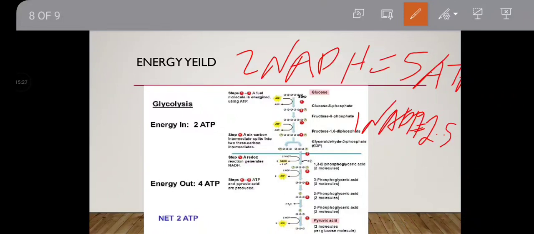So if there are 2, then we get 5. So in total, we get about 7 ATPs. This is in aerobic conditions.